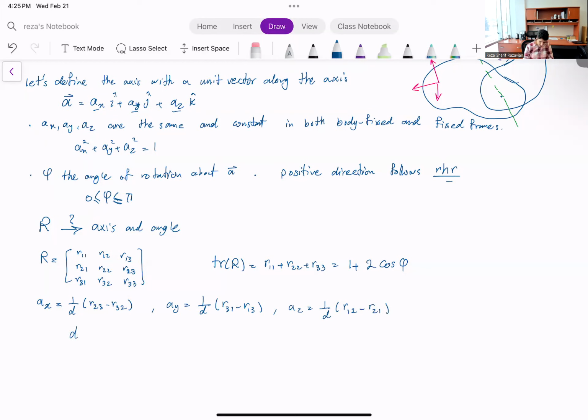D in this case is the square root of all of these squared: R23 minus R32 squared, plus R31 minus R13 squared, plus R12 minus R21 squared. This is how you can find your angle and the direction of the axis if you know the rotation matrix.